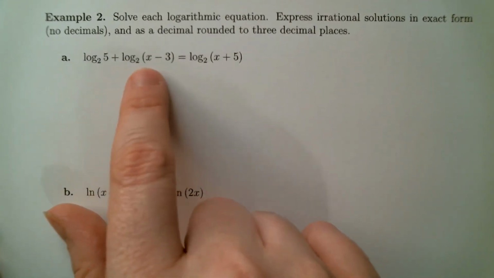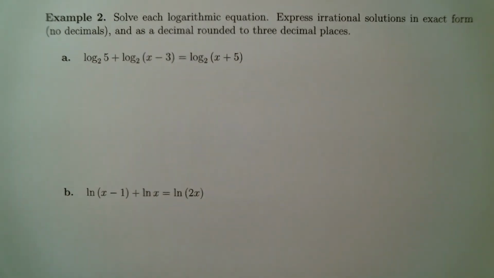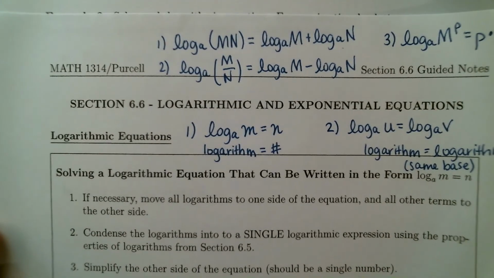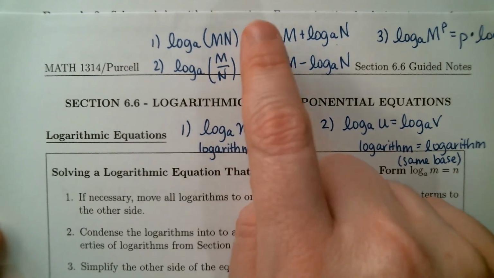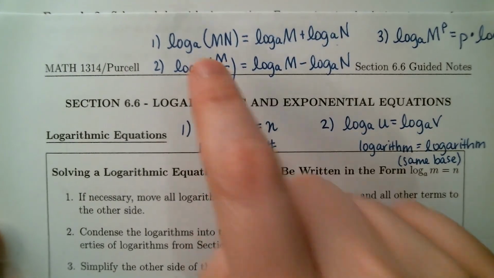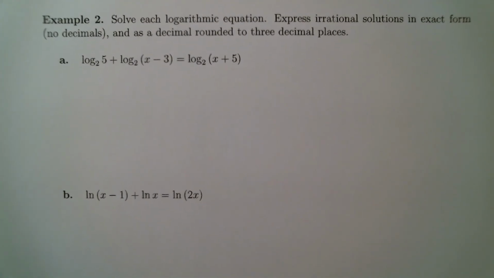On the left side, we are going to condense these, and we can do that because they're both base 2. We are adding 2 logarithms, so if we refer back to section 6.5, addition will turn into multiplication. So let's apply that rule to the left side.